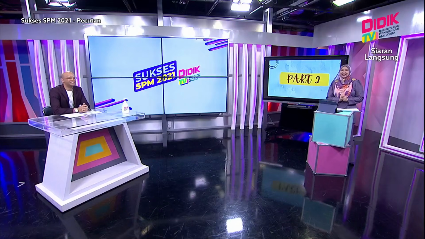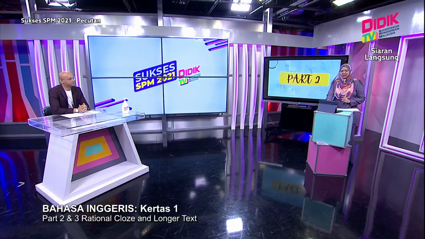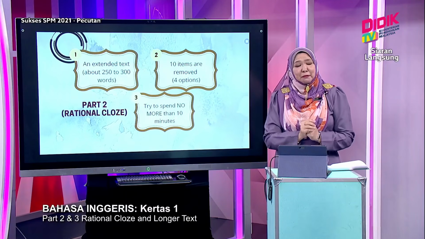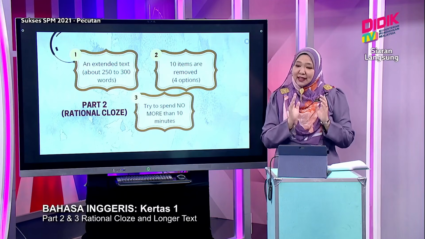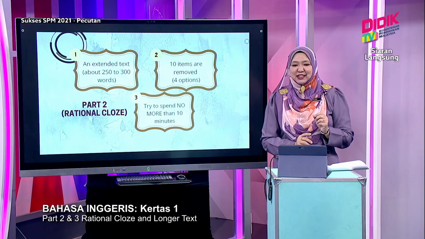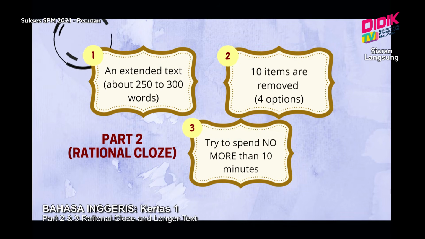Thank you, Sean. Okay, boys and girls, we are back with part 2. Now what is in part 2? In part 2, you will be given an extended text of about 250 to 300 words, with 10 items being removed from the text itself.